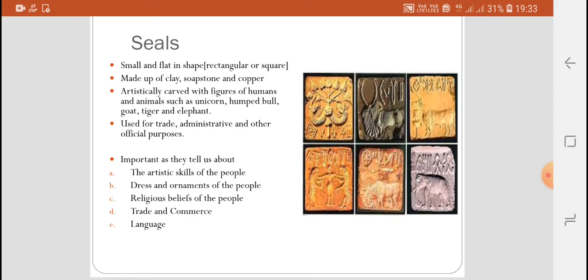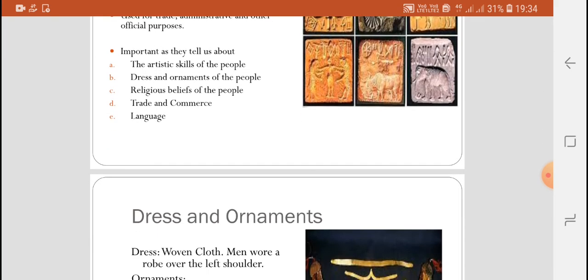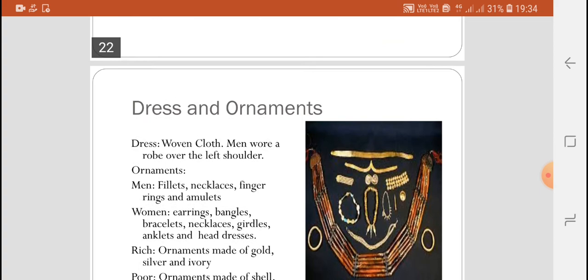These seals were used for trade, administrative, and official purposes. So basically, these seals signify the artistic skills of the people, their dress and ornaments, their religious beliefs, their trade and commerce, and the language that they used. Some of the seals also have writings.